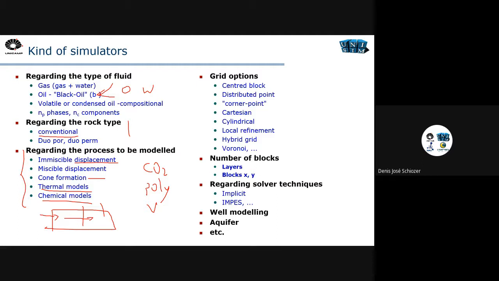And of course, if it's a simple model, the model will run in minutes. If you have a very complex model and want to represent the fractures and the karsts and vugs and want to represent all the components and all the recovery mechanisms that we have, then probably you're going to have millions of blocks and the equations will be very complex. Instead of 3 equations for each block, we're going to have 10 equations each block and so on.